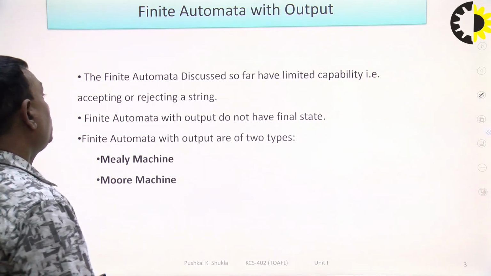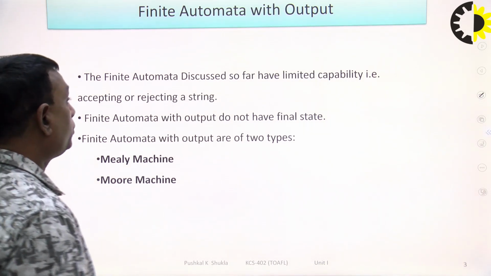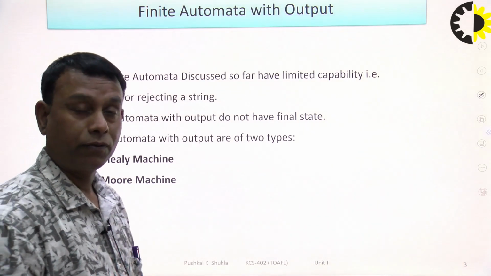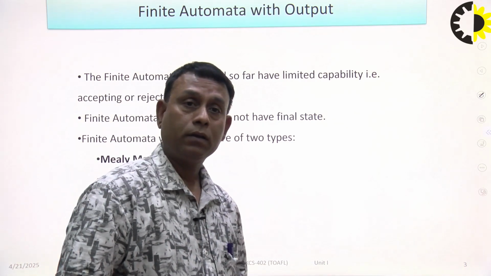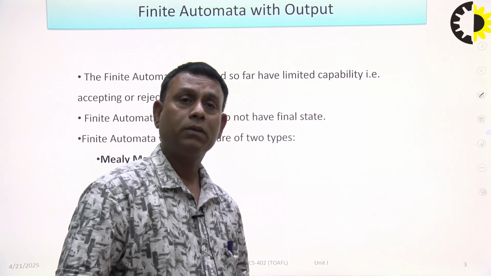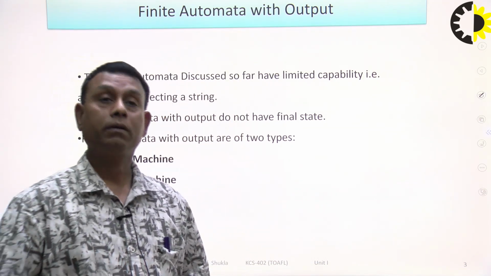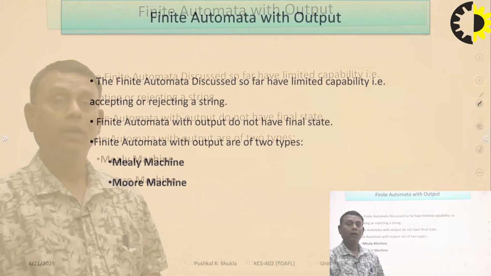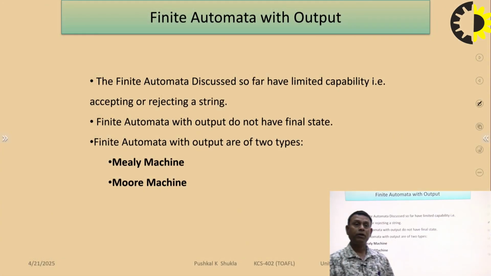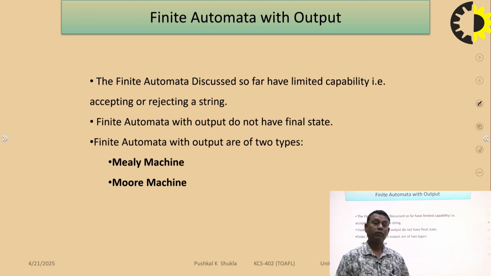Finite automata, as discussed so far, have limited capabilities. Here we are talking about deterministic finite automata and non-deterministic finite automata. In a deterministic finite automaton, the number of states and the input alphabets are finite, and for a particular state and a particular input it goes to a fixed state.